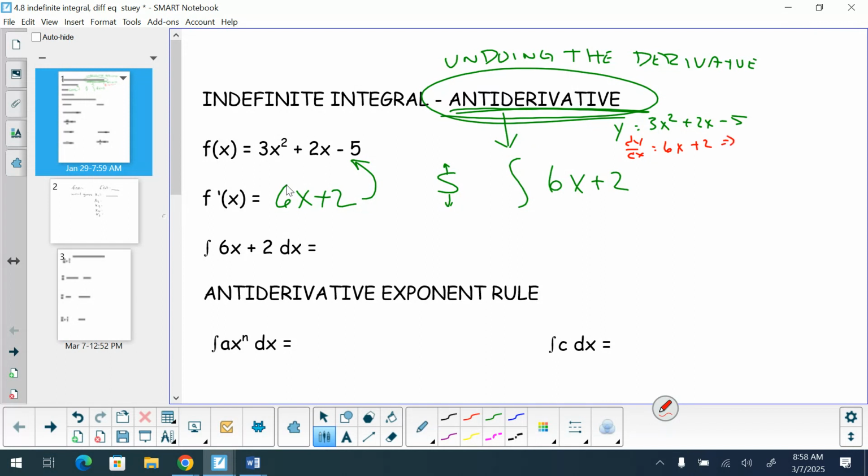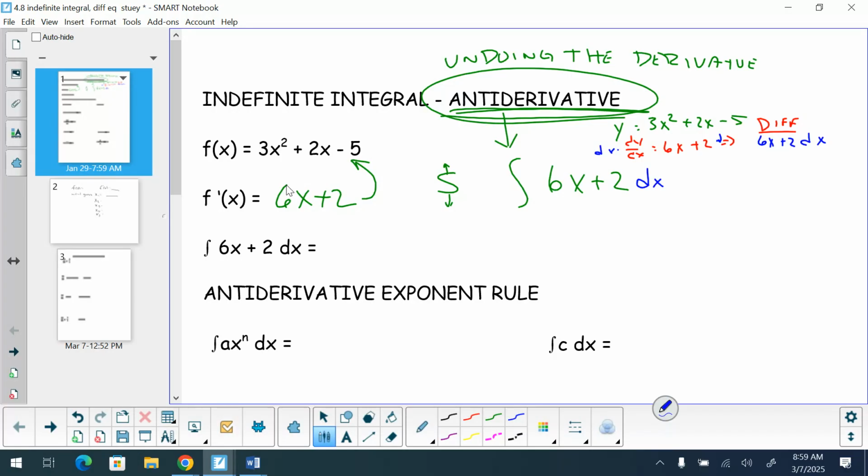Then our differential, we multiplied by dx. We have 6x plus 2 dx. That was our differential that we did in the previous chapter. So to make this a differential, we have to throw a dx at the end.